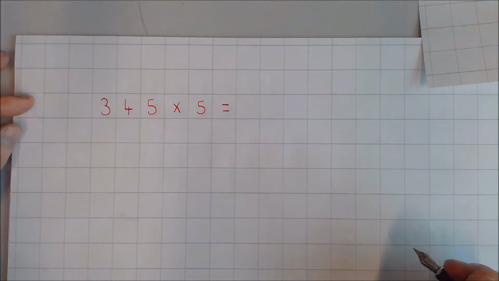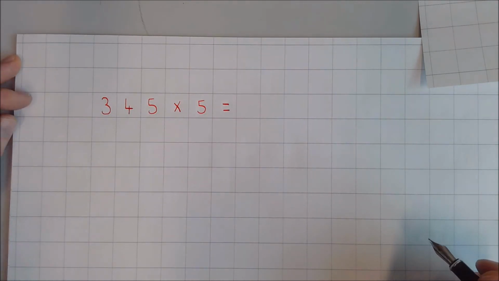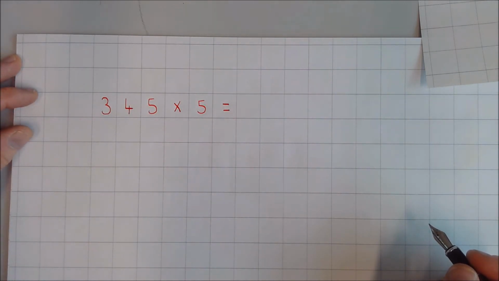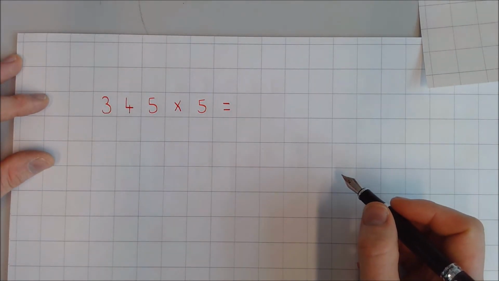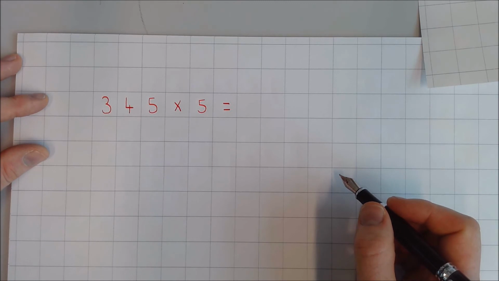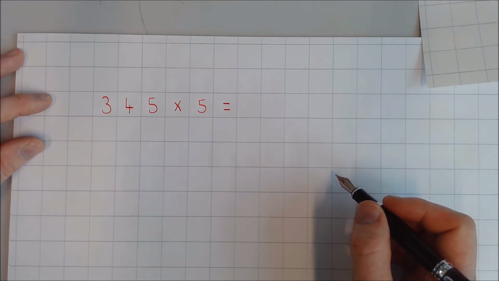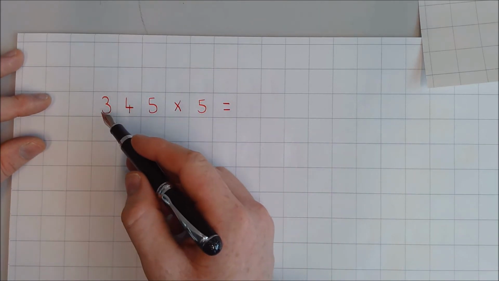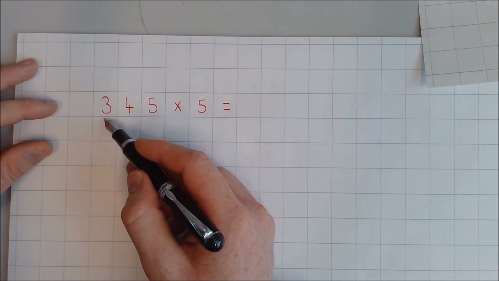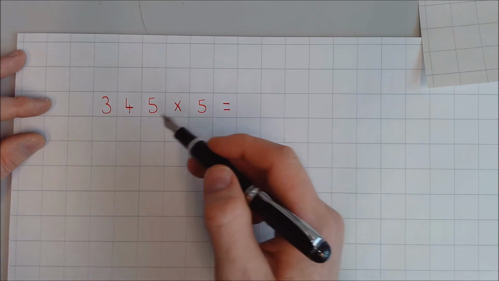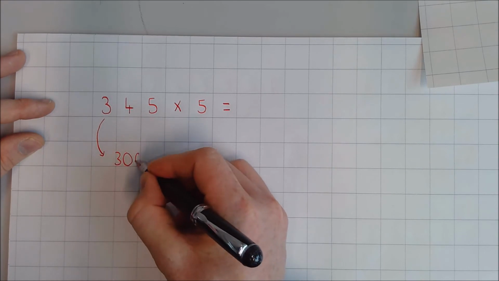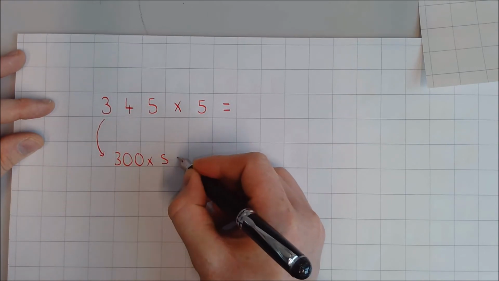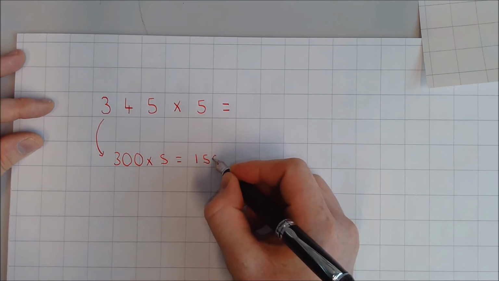Now you're not limited to multiplying 2 digits by 1 digit. You might be able to do 3 digits multiplied by 1 digit in your head, using distributivity again. So let's use our knowledge of place value and partitioning to make this into some smaller chunks that are easier for us to manage. This 3 represents 300. 300 times 5 is 1,500.